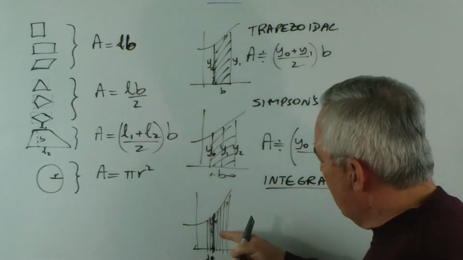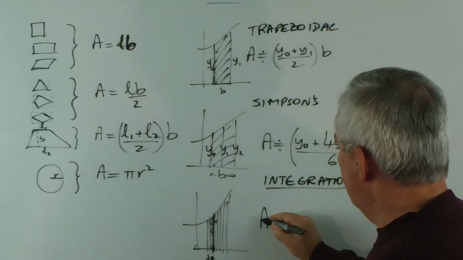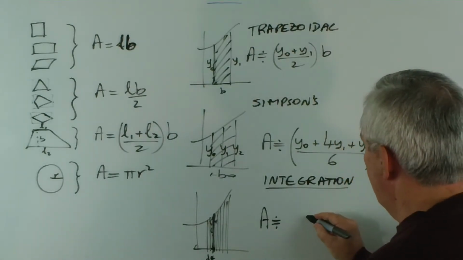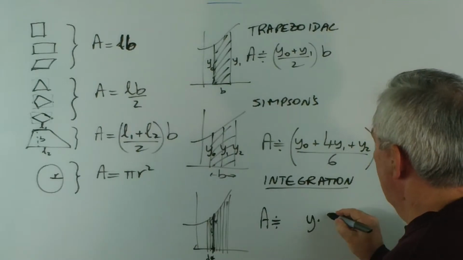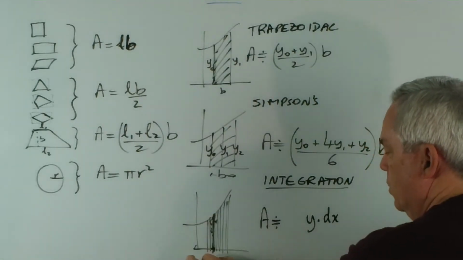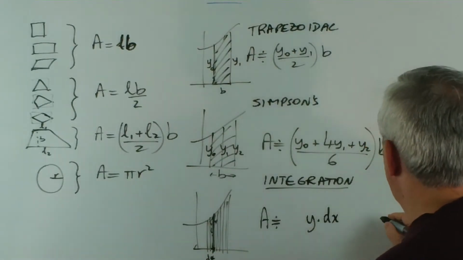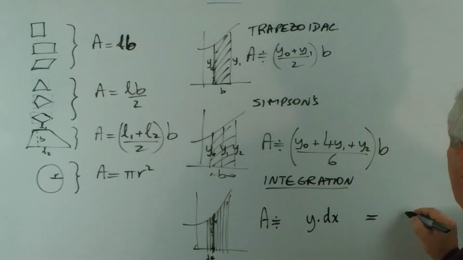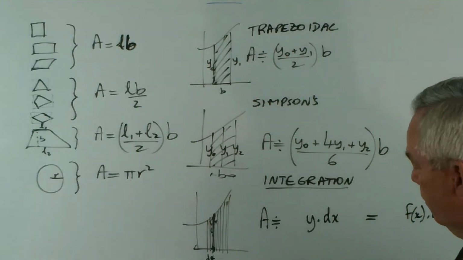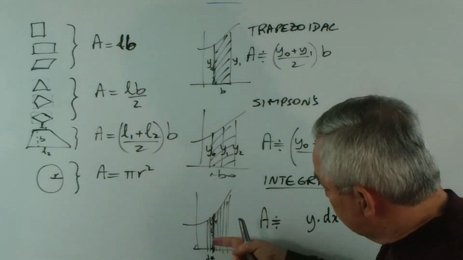And the area of that rectangle is the y value times the dx width, or I'll put equals the function value times the dx width. Either of these are good expressions for that thin little strip.